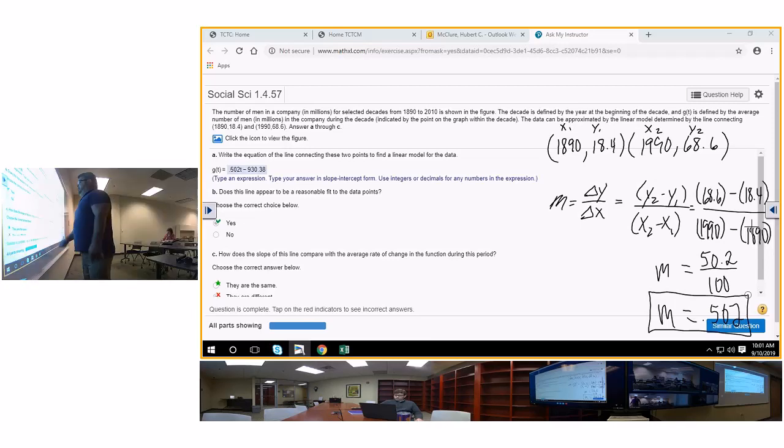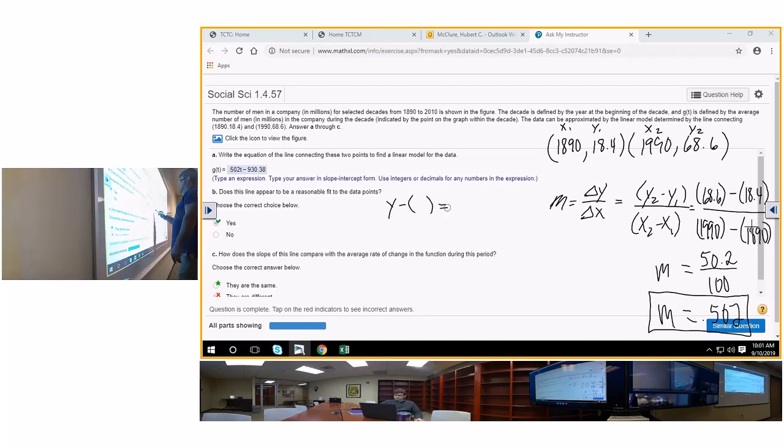The point slope equation. Y minus parentheses equals parentheses times x minus parentheses. 18.4 is smaller, so we're going to use 18.4, 0.502, and 1890.